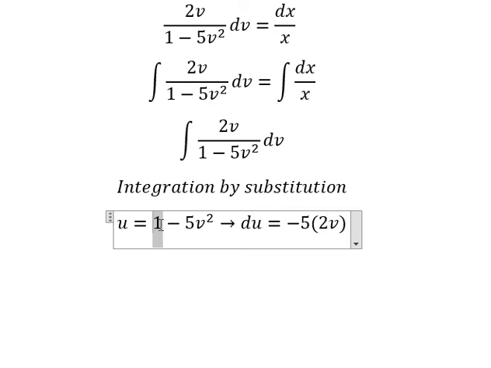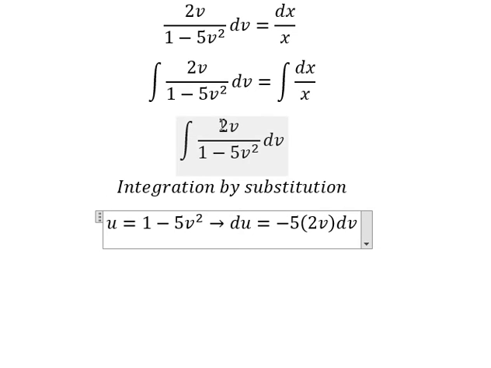This one that is the constant, so you got 0. This one we have 2v. Because we don't have negative number 5, so we need to divide both sides by negative number 5.